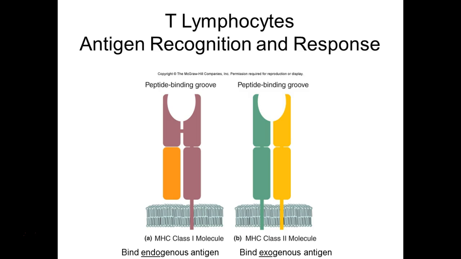And this is why they're the only ones that have MHC class 2. So remember, who are our antigen-presenting cells? Who's going to gobble it up and then present it? Dendritic cells, macrophages, and B cells. Right? B cells need this for their activation by T cells sometimes.